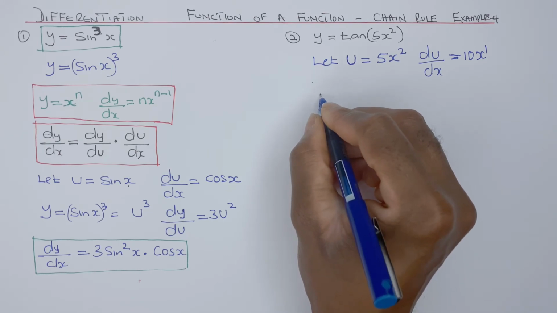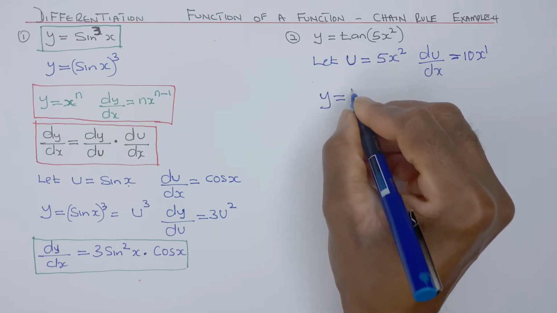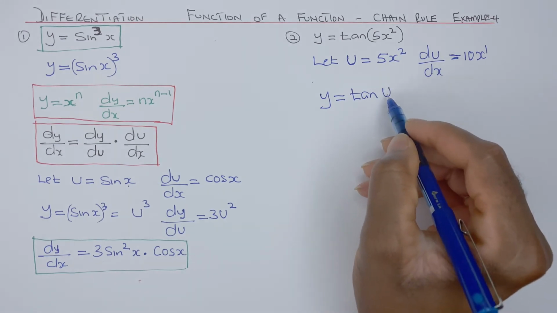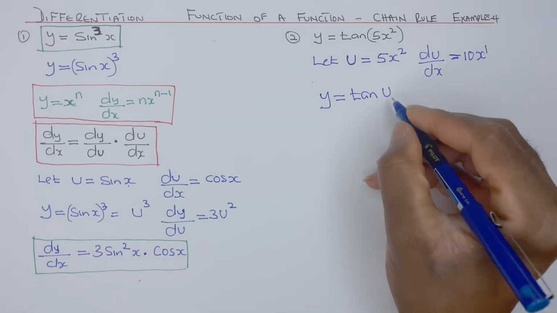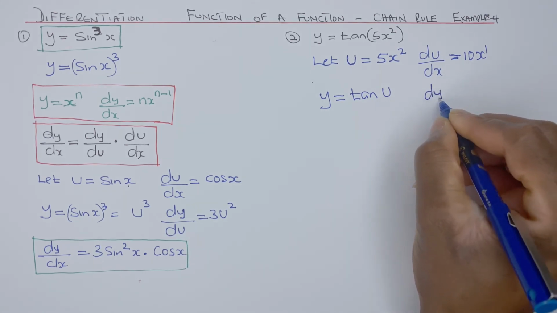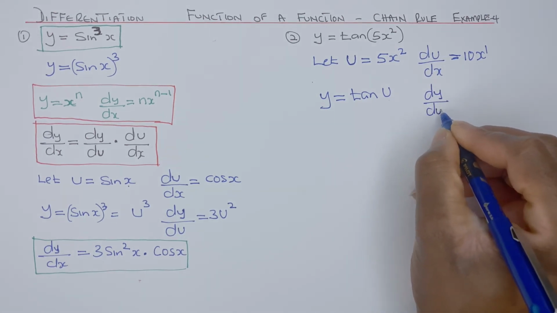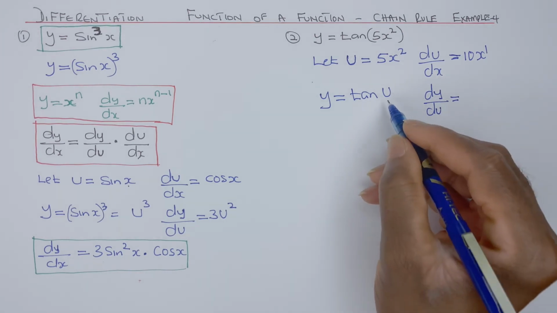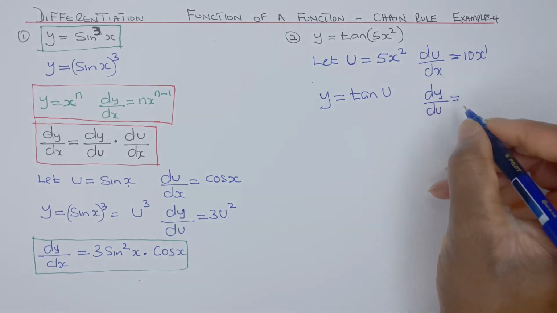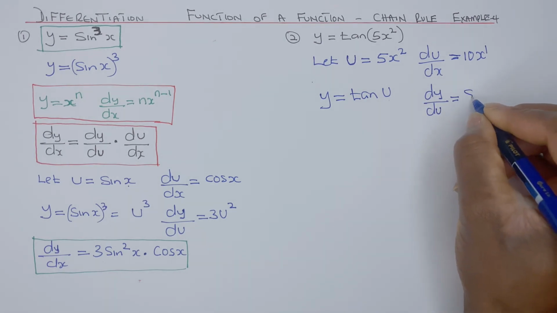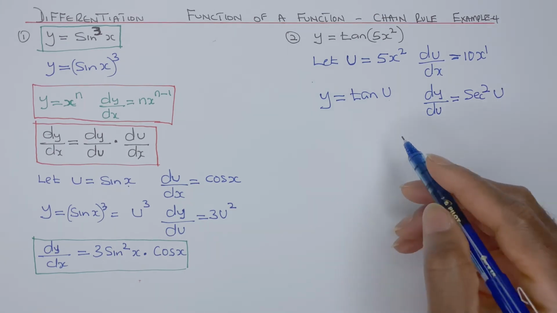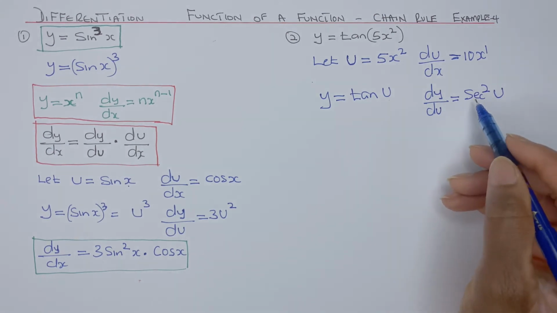But we also know that y equals tan u, because u is 5x squared. The dy/du, now if you differentiate tan x, you get sec squared x. So that will be sec squared u.